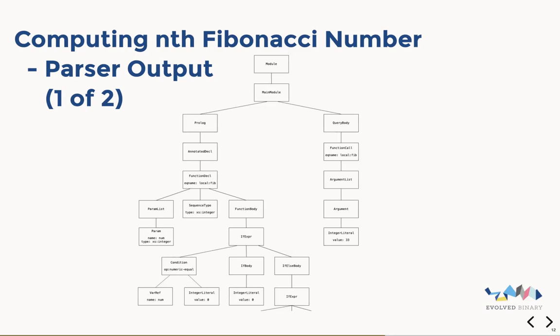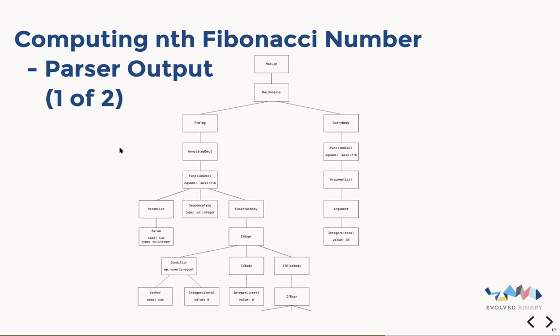Now, that abstract syntax tree is really just a bunch of structures in memory that have a tree-like relationship between the various structures. So trying to show you those structures in program output is quite hard. So instead, I've drawn a tree diagram of them.